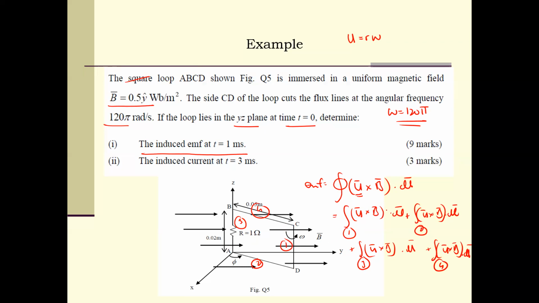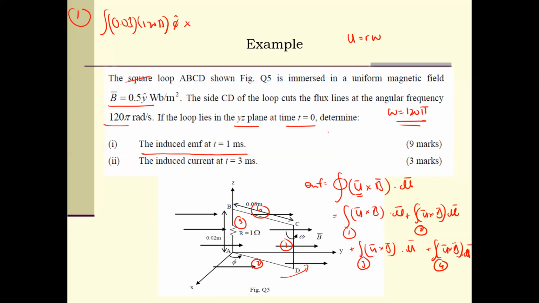So side number 1 is what I mentioned just now. It's about the U, which is a linear velocity. You know that for side number 1, the distance from the z-axis is 0.03, so r for side number 1 will be 0.03. Then U will be R times omega, where R is 0.03 meters and omega is 120 pi. Omega is directed in the z direction, so your U will be directed towards the positive phi direction.